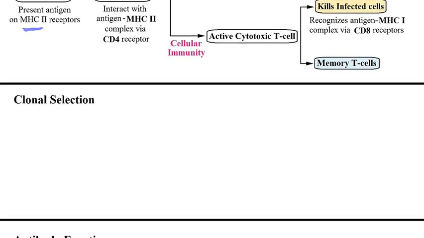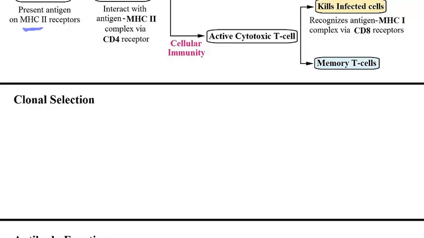All right, the next concept I would like to talk to you about is called clonal selection. Basically, once a new antigen enters the body, only very few T cells or B cells can recognize that antigen. But these cells will undergo division in order to produce a clone of cells that can recognize that specific antigen.